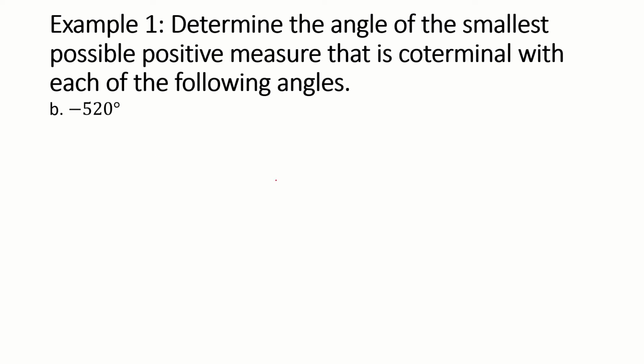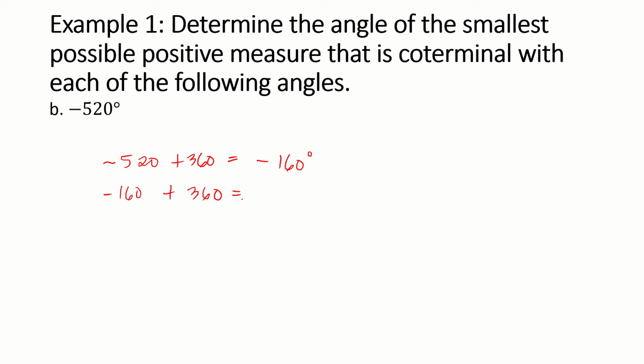Since negative 520 degrees is negative, this time instead of subtracting, we will add 360 degrees. So add 360 degrees, and then you will get negative 160 degrees. This is still negative, so we still have to add another 360 degrees.